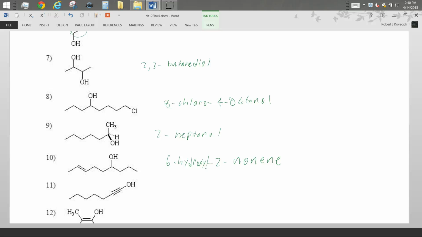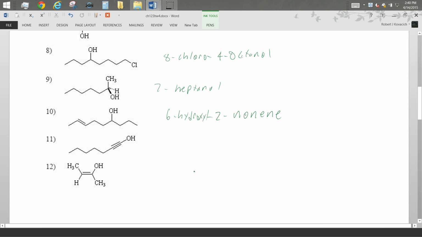We use the suffix that correlates to the most reactive functional group, and the most reactive functional group is the double bond. So then it's going to be a nonene with an alcohol group attached. 1, 2, 3, 4, 5, 6, 7. So 1.